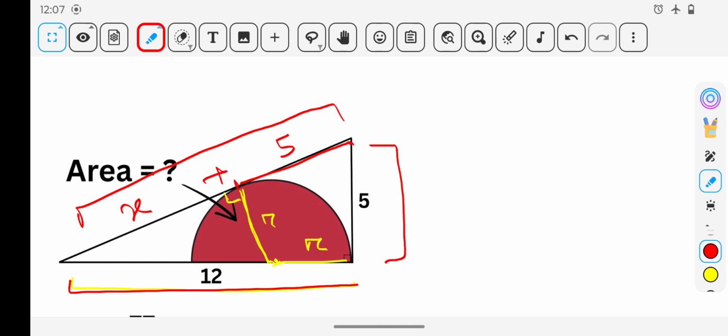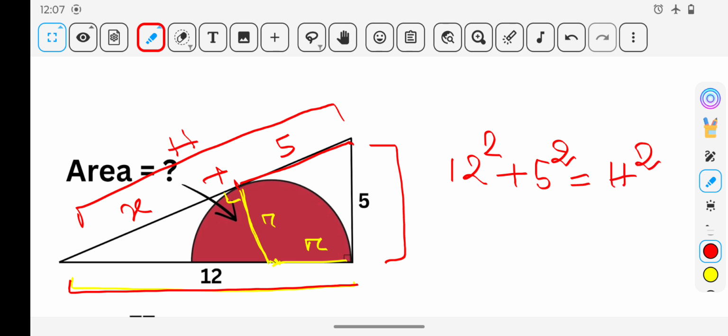So we know that 12 square plus 5 square equals hypotenuse square, say the hypotenuse is h. So that means 144 plus 25 equals h square.